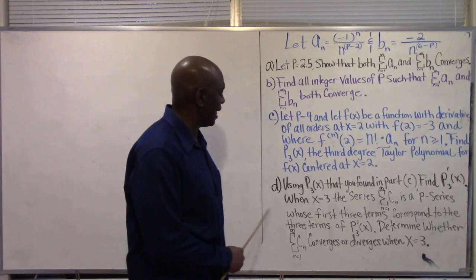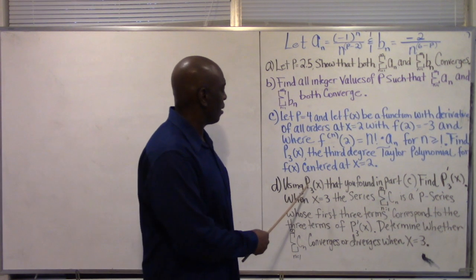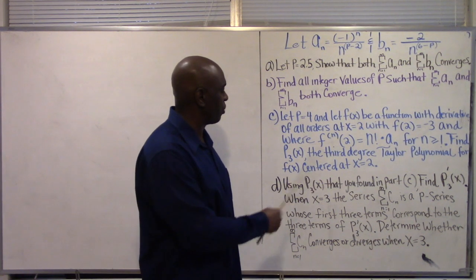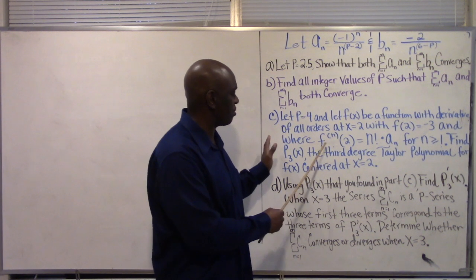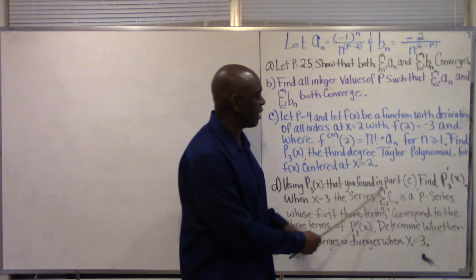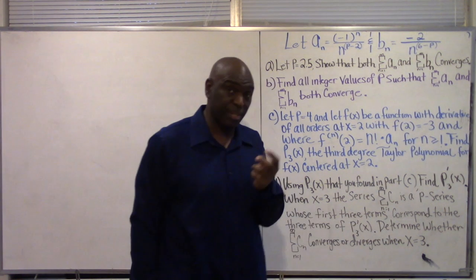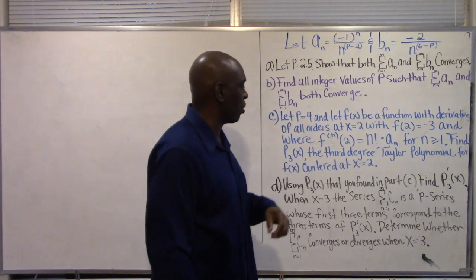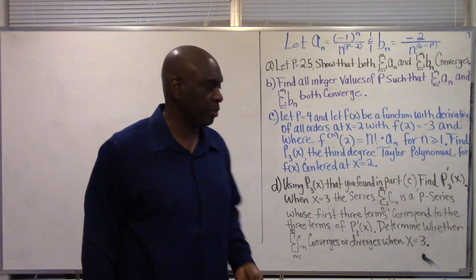And then lastly, in part D, using the third order Taylor polynomial from the previous part, part C, we have to find the derivative of our third degree Taylor polynomial.